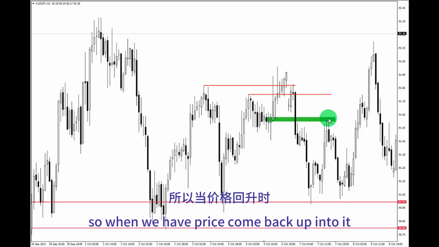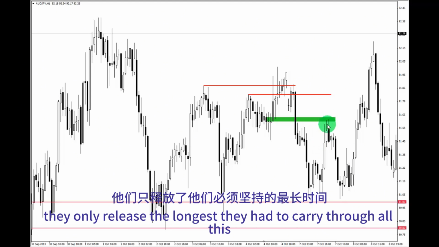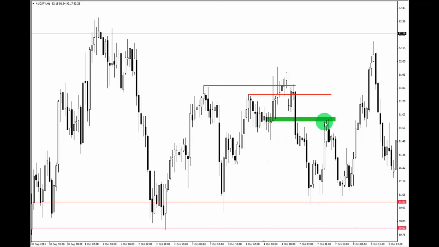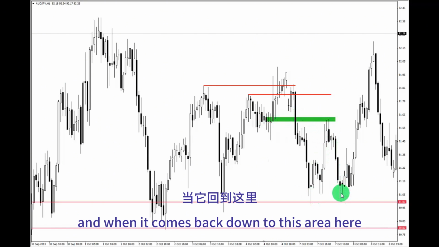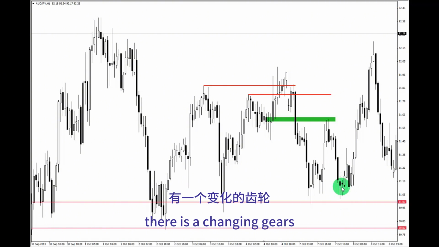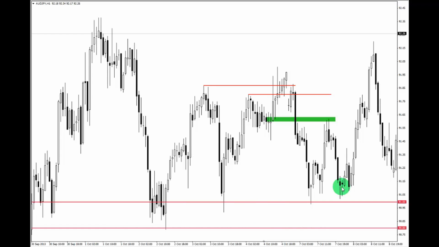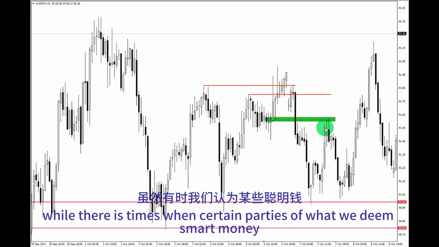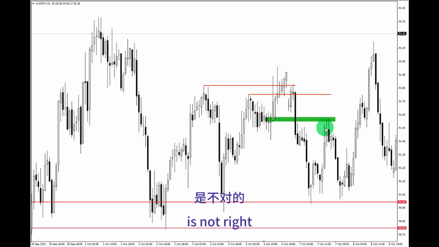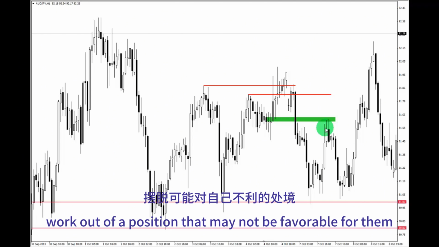So when we have price come back up into it, they only release the longs that they had to carry through all this. And when it comes back down to this area here, there is a change in gears. The market is not willing to go lower. Okay, so while there are times when certain parties of what we deem smart money are not right, they will have to work out of a position that may not be favorable for them.